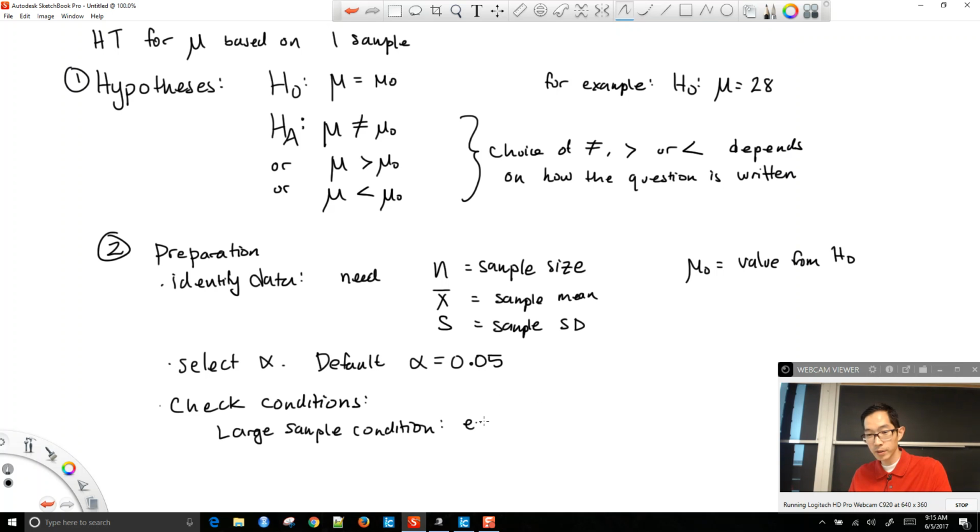There are two ways. The sample is large enough if the population is normal.